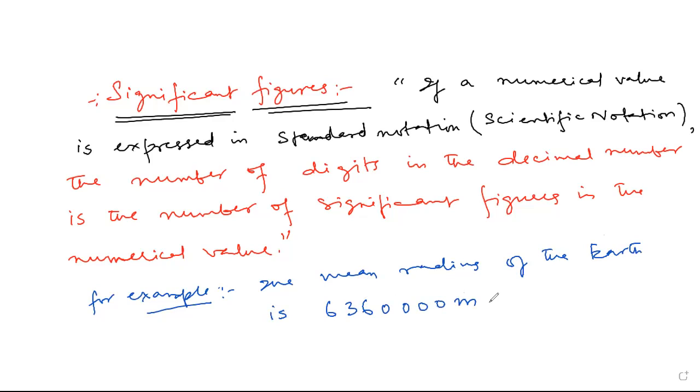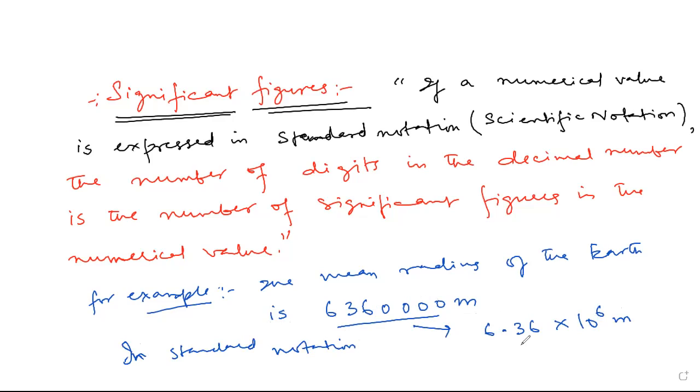636,000,000 meters. So when we express this mean radius, this numeric value, in standard or scientific notation, this becomes 6.36 into 10 raised to power 6 meters.